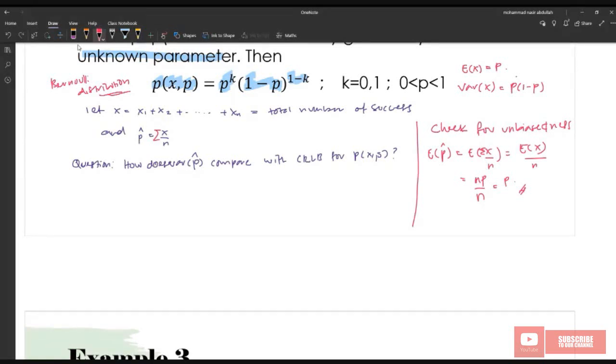Right. So now, let's say we want to estimate the variance of p hat.